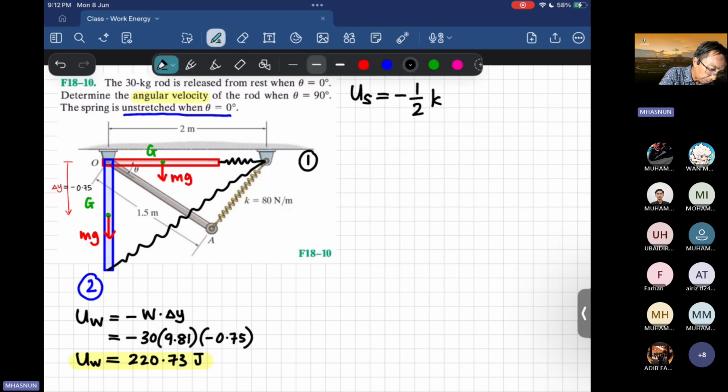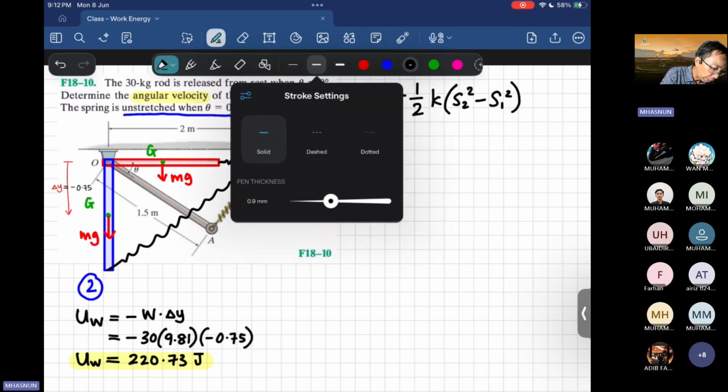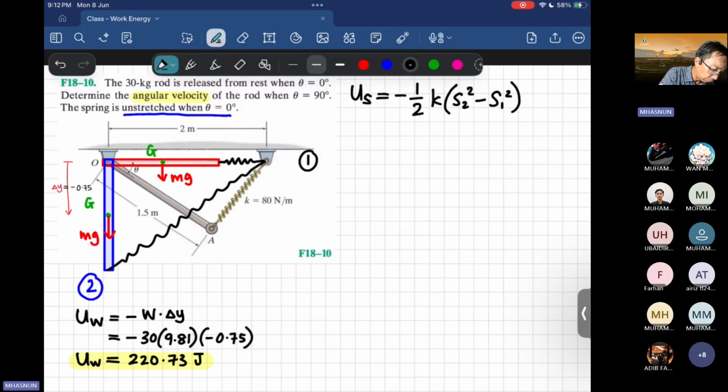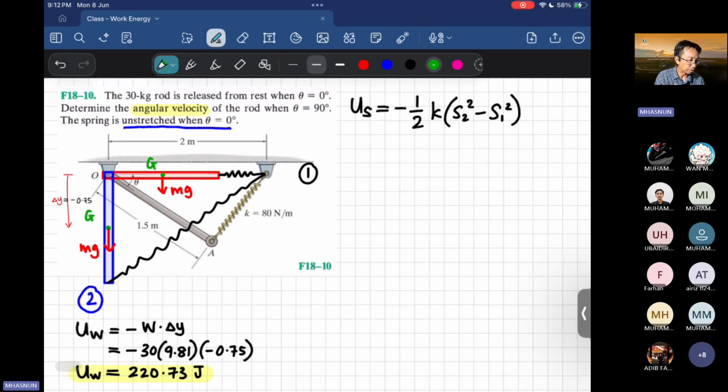And then multiply with S2 squared minus S1 squared. First we need to determine the value of S2 and S1. It says here the spring is unstretched when theta equals 0, meaning that at position 1 the spring has the original length. Therefore we know that S1 is equal to 0. There is no elongation. Remember, S is not the length of the spring, but the elongation of the spring.